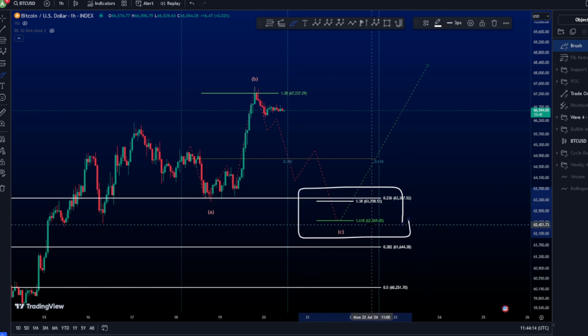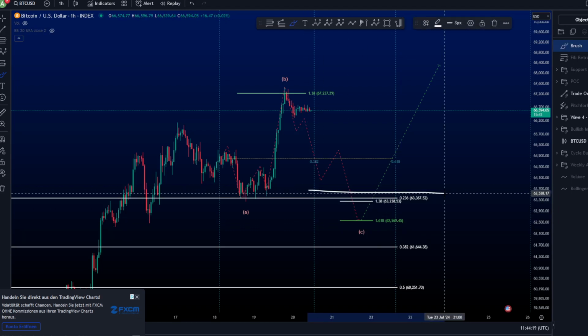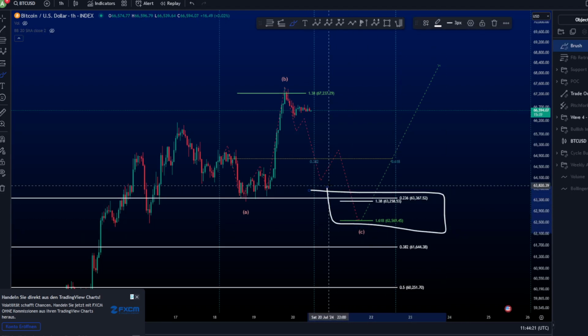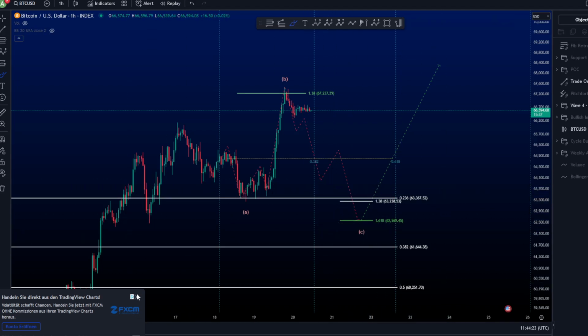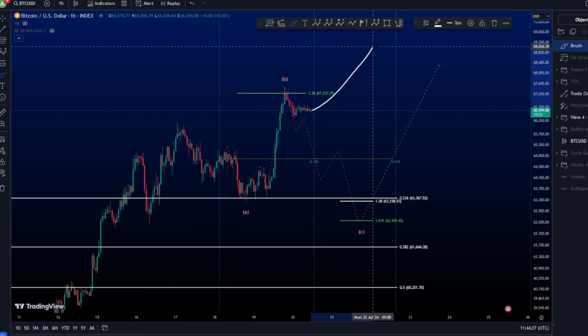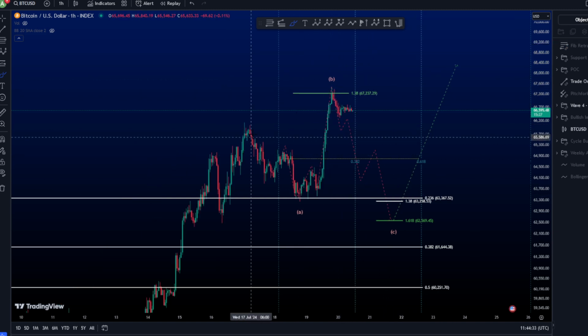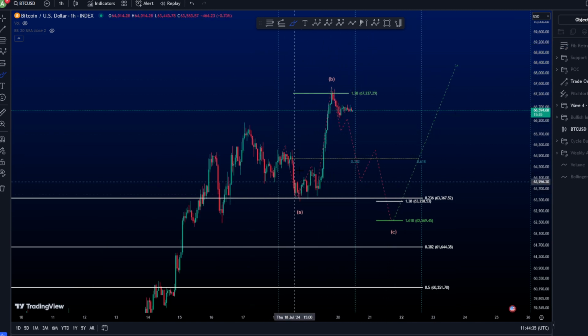Okay. This is the conclusion of both scenarios, that this area has to be revisited, because first we cannot move up from here. Why? Because wave 5 of the orange scenario has finished, right?